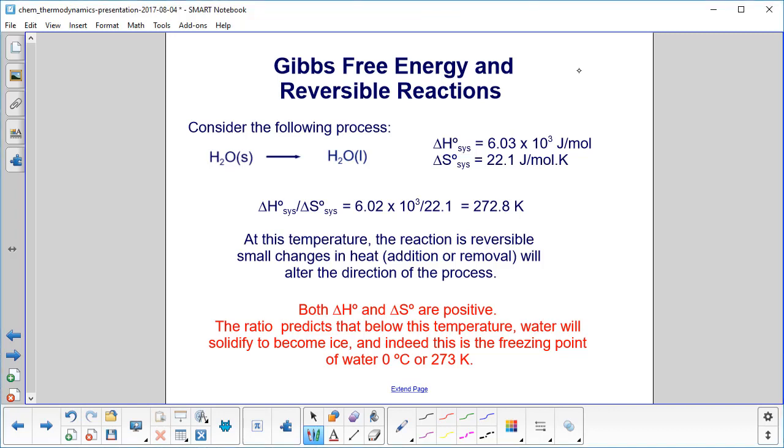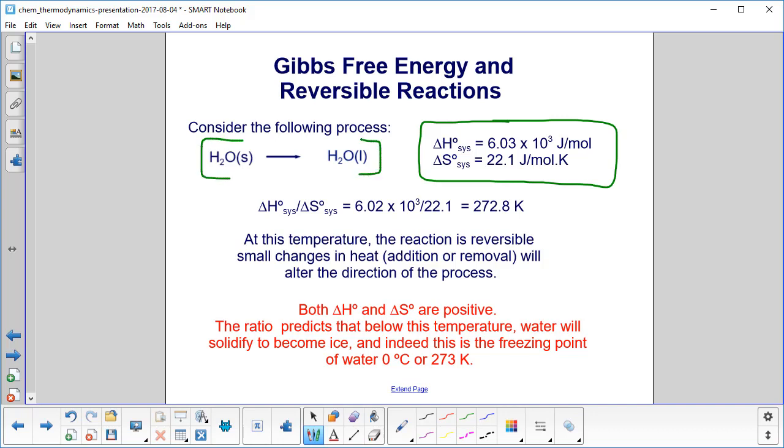This is one of the coolest slides in the presentation. You all know that ice melts to water at 0 degrees Celsius or 273 Kelvin. But would you ever have imagined, if somebody gave you these data a couple of weeks ago, that you could also come up with that 0 degrees Celsius or 273 Kelvin? Let's see. Here's our reaction.